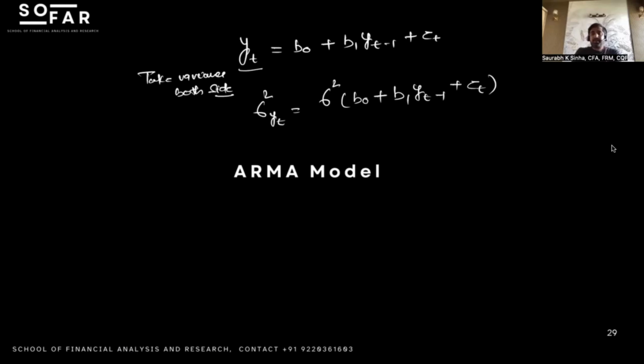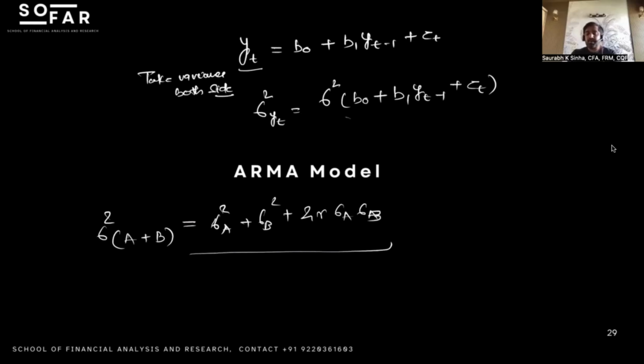So what is the variance of a plus b? Anyone remember what is the formula? The variance of a square plus variance of b square plus, correct, 2 into correlation into standard deviation of A and standard deviation of B. Correct? This is the formula. So we have to expand it.